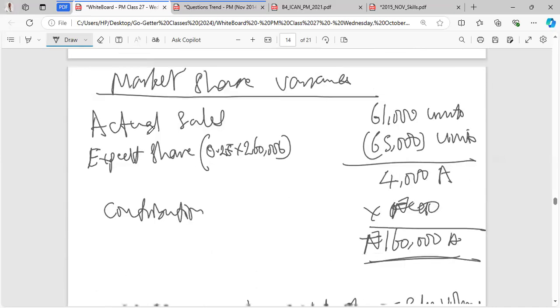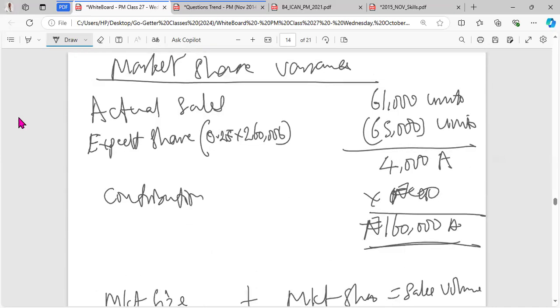Market share. The company actually sold 61,000 units. Now, when we were doing the planning before, we used 260 and 200,000 budgeted. But now in market share, actual sales was 261,000. Actual market size was 260. And if the company is supposed to take 25%, it means that the company was supposed to sell 65,000 units.